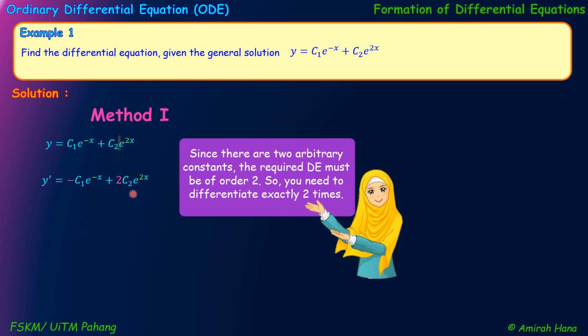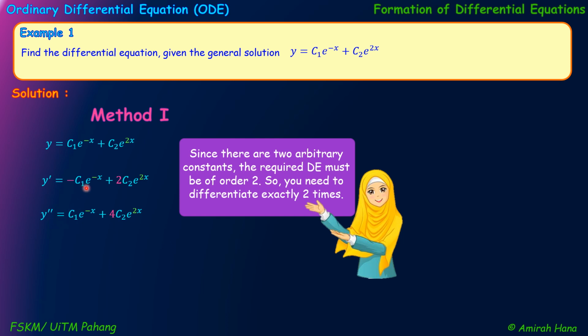We differentiate e to the power of 2x, we get back e to the power of 2x. After that, we differentiate the exponent 2x, and we get 2. So y prime equals negative c1 e to the power of negative x plus 2 c2 e to the power of 2x.